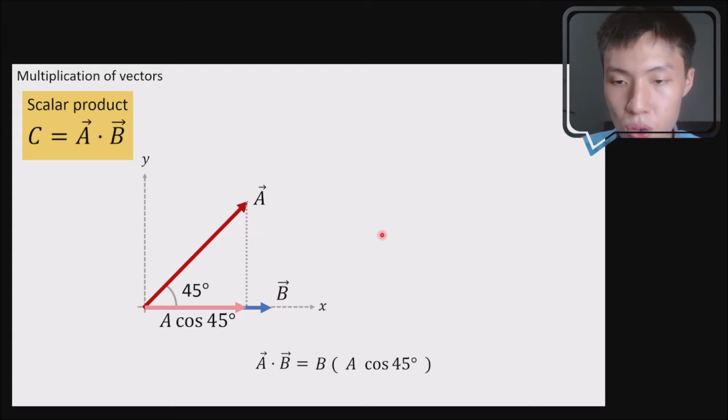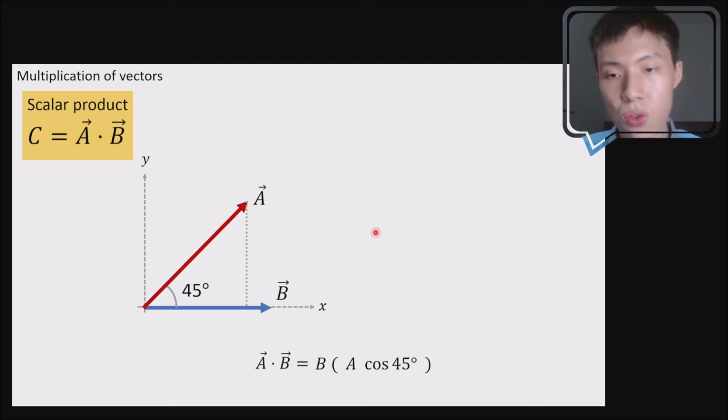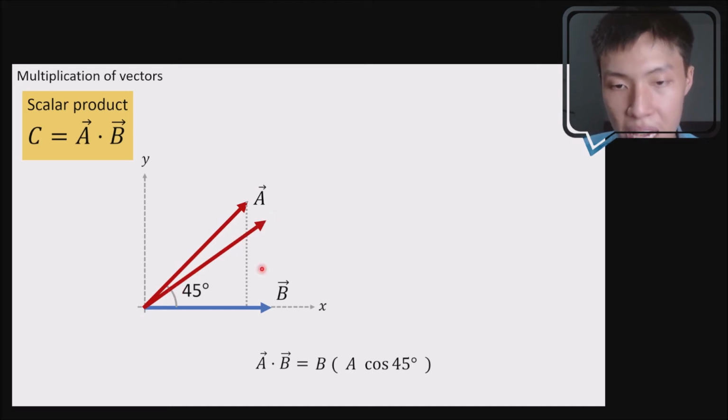Let's say today you want to decrease the angle between A and B. So it means you introduce a new vector A to decrease the angle between A and B. Right now I've set this to decrease by 10 degrees, so here should be 35 degrees. So the angle between the new A and B is 35 degrees.